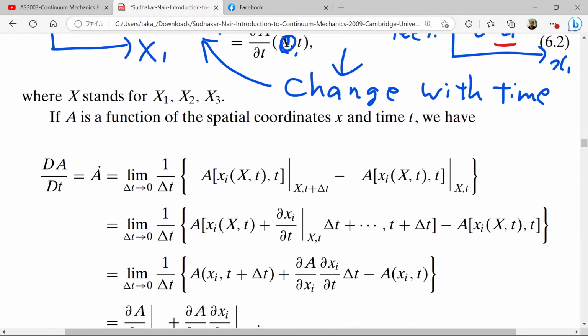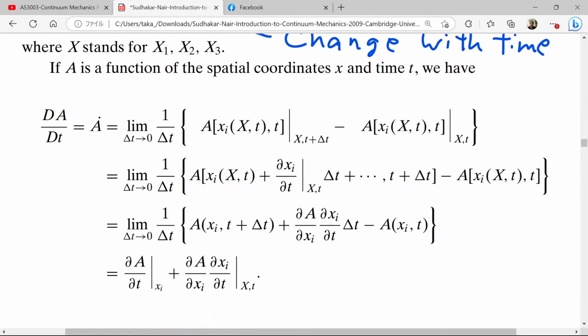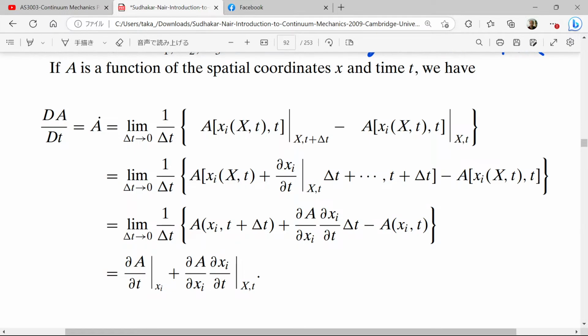If A is a function of spatial coordinates x and time t, we have this thing.